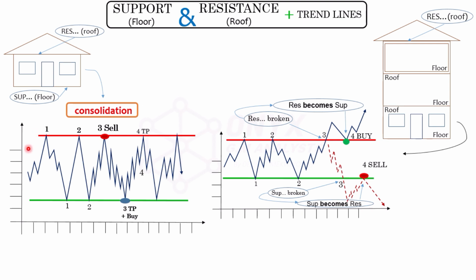Now, let's say the market is here. The market goes up, and as it goes up, it comes back down. Now we have here our first point, which is a high. It comes back down and then it turns again. Let's say now the market is here in the middle.